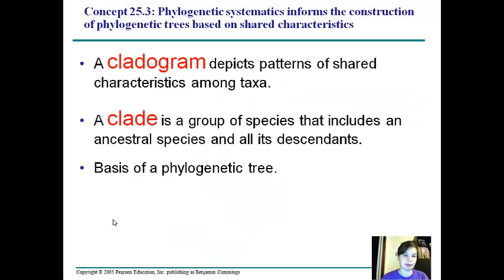Alright, moving along. Important words here are in red and nice and big. You want to make sure you understand them. Maybe listen for a minute before you actually write them down. We were talking about phylogenetic trees, and the basis of any phylogenetic tree is something called a cladogram. The cladogram really picks up on patterns of shared characteristics.